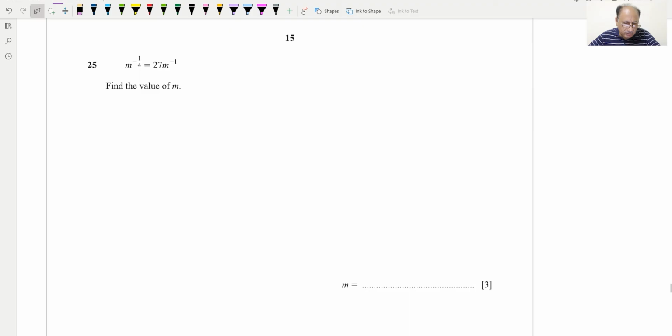Hopefully you are getting it. Now question number 25, and 25 says this is given, find the value of m, and this is a simpler question but a little tricky. So what we can do, we can rewrite m raised to the power minus 1 by 4.